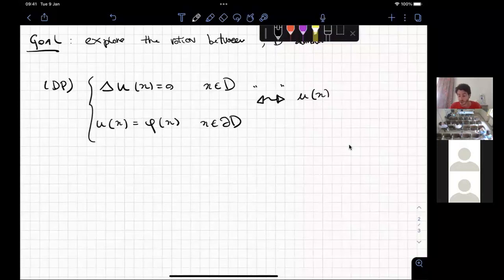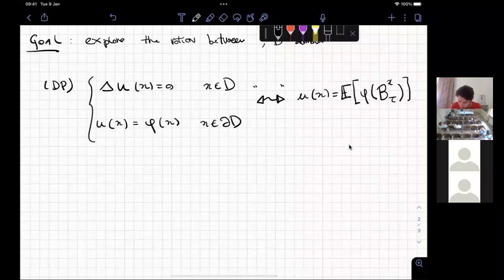We define a function u in this way. Take the expectation of the condition at the boundary, phi, composed with B starting from small x and evaluated at a certain time that we call tau.